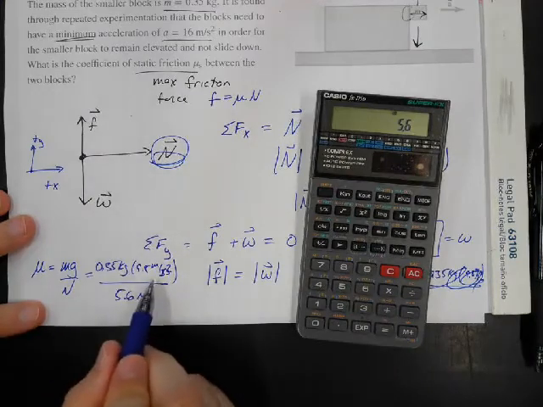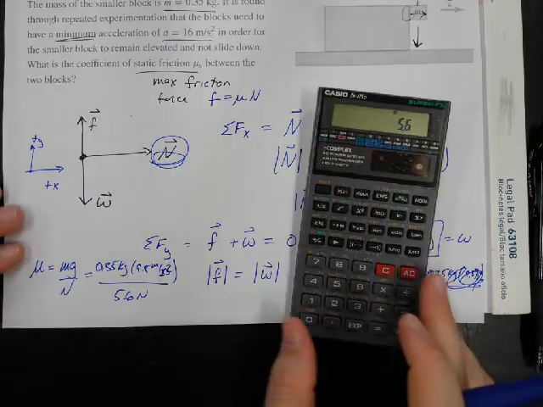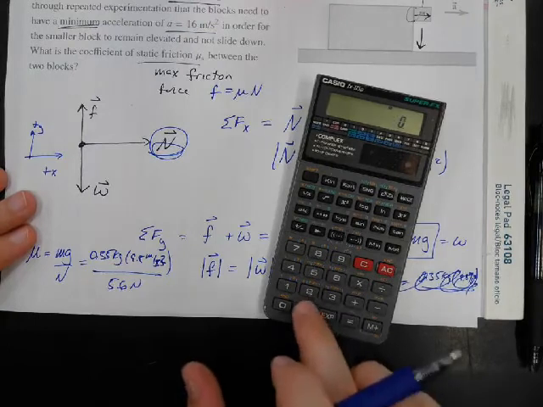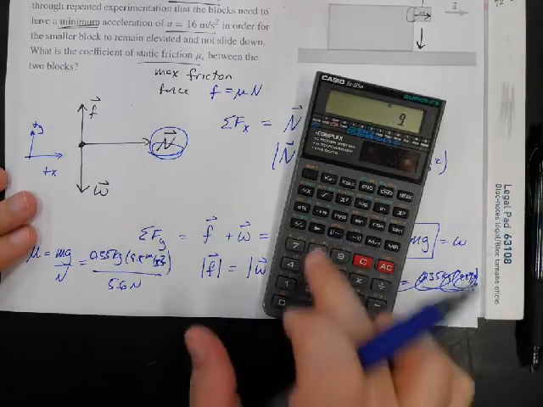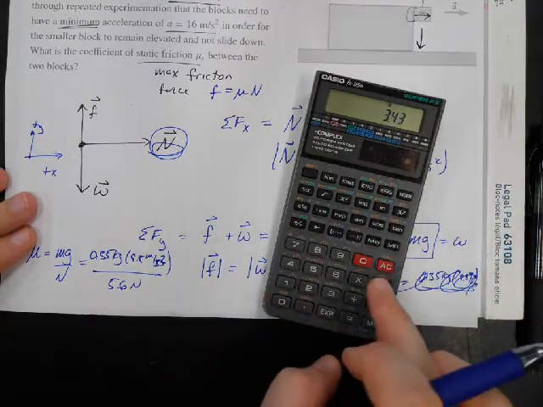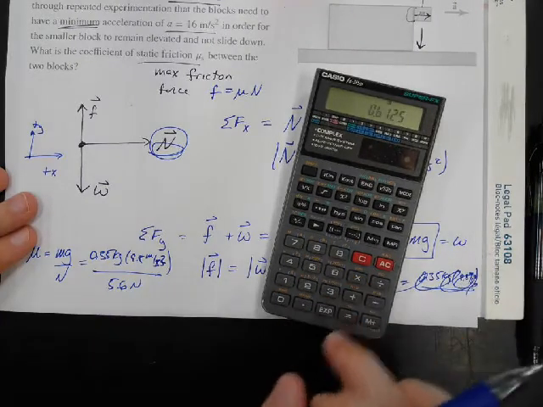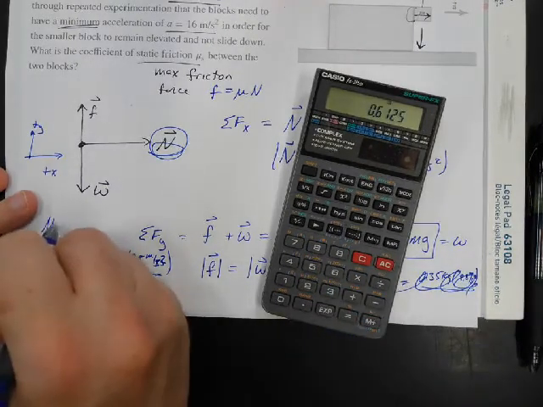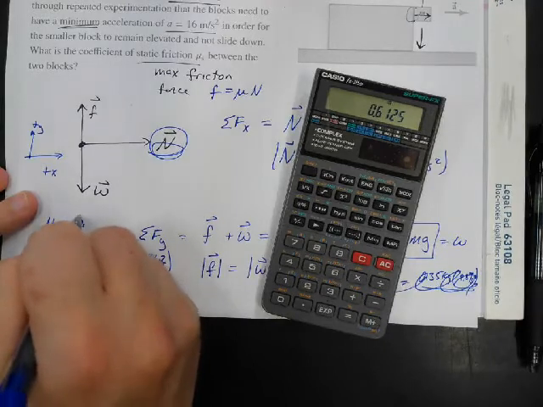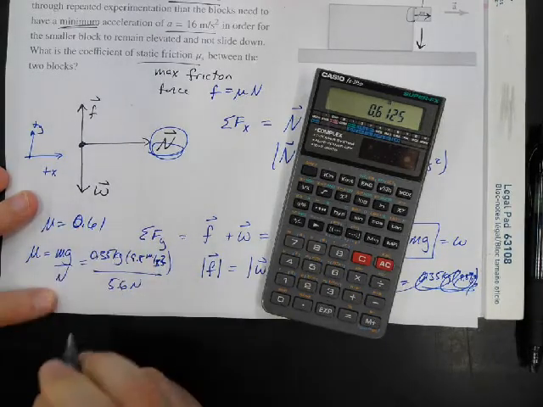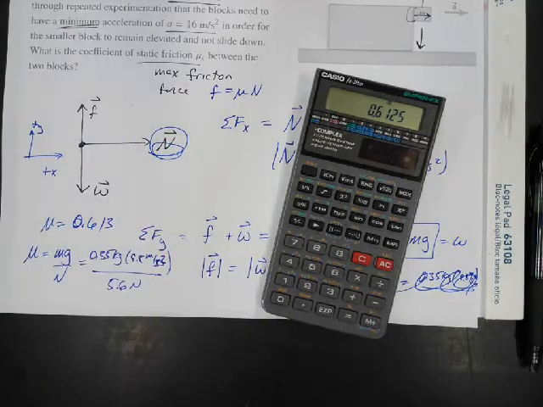And what we'll get is the units will all cancel. We just get a number, and that's correct for the coefficient. So 0.35 times 9.8 divided by 5.6. Mu is 0.613. There we go.